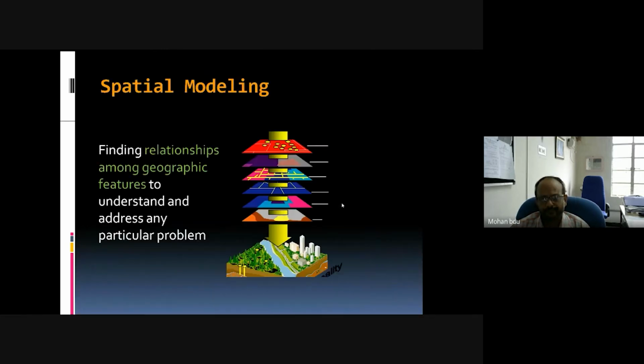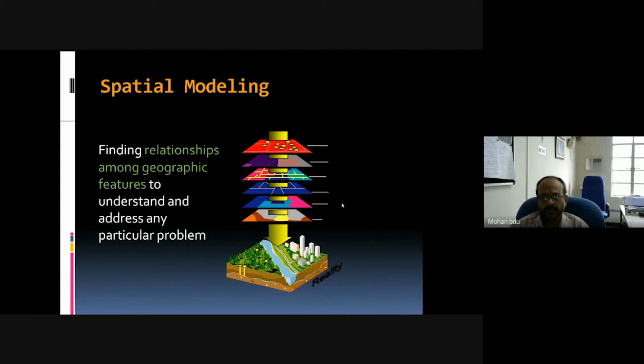And again, the satellite data is used for spatial modeling and finding relationships among the geographical features, and to understand thematic issues, or it can generate thematic maps.